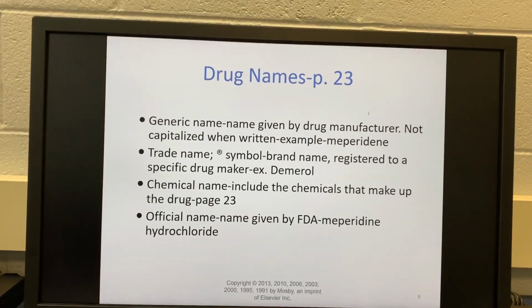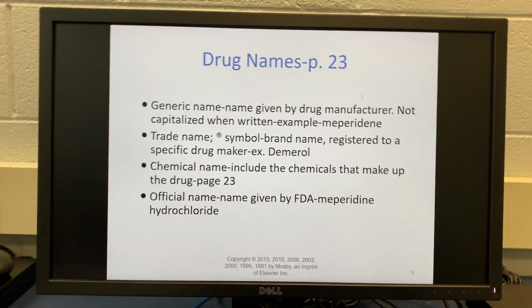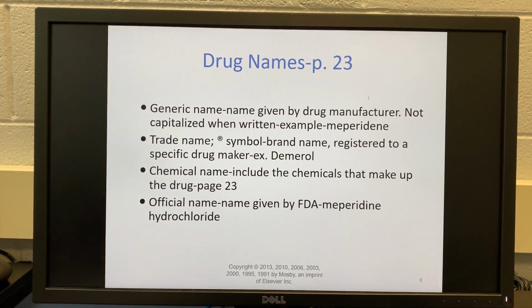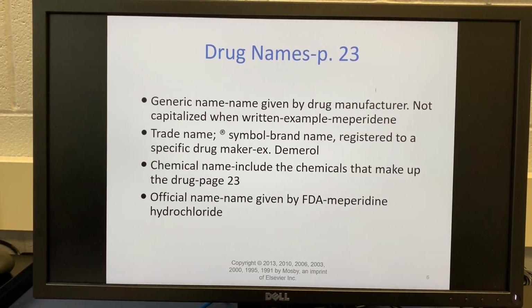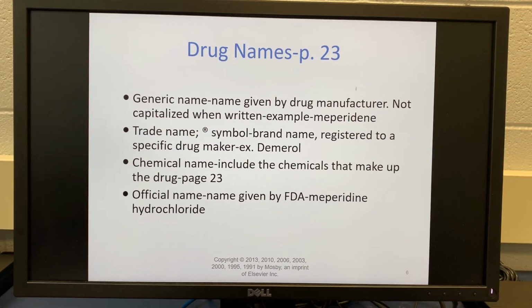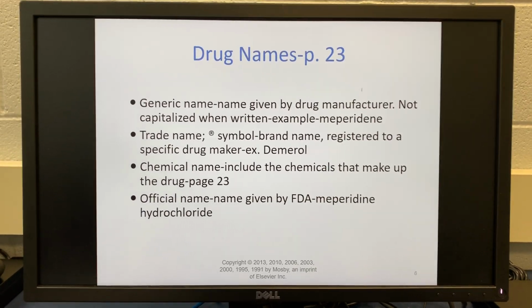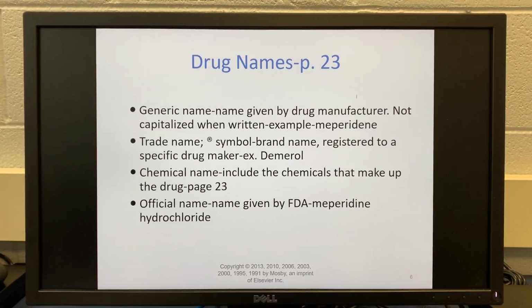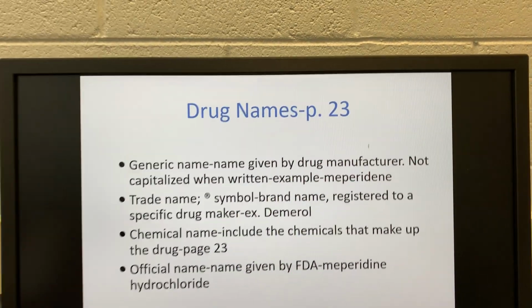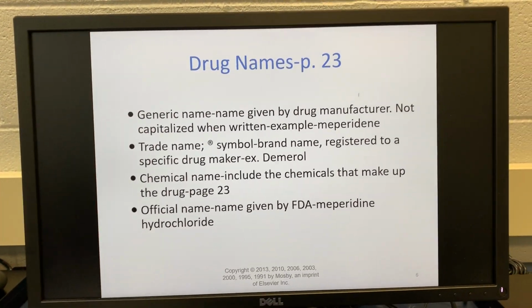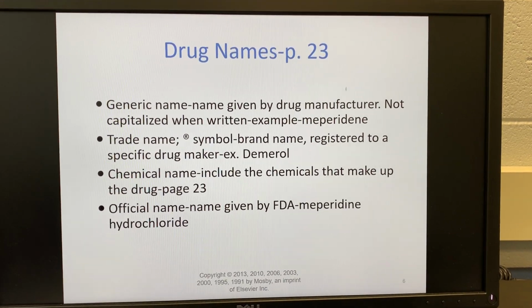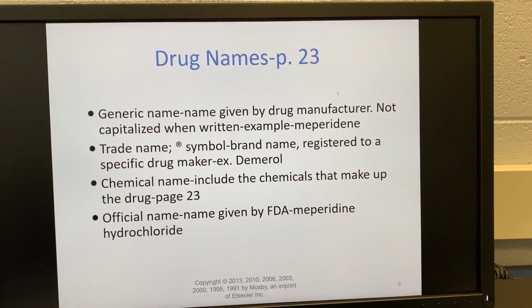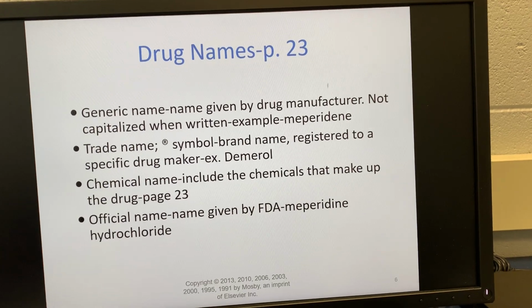We just have to say, I've got your Demerol or I've got your meperidine. And usually we just say Demerol because that's the name people recognize. But unless we are working in a lab somewhere as a chemist, we usually don't have to deal with the chemical name. And then every drug has an official name. This is the name that it is registered under with the FDA when the okay is given to test and eventually market this drug.